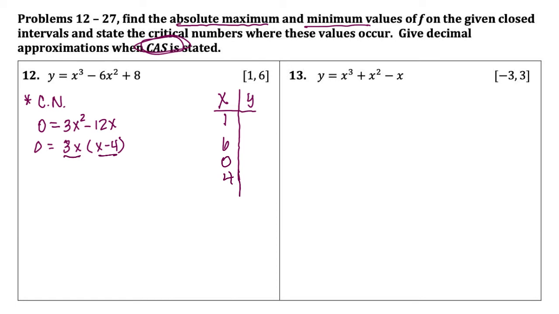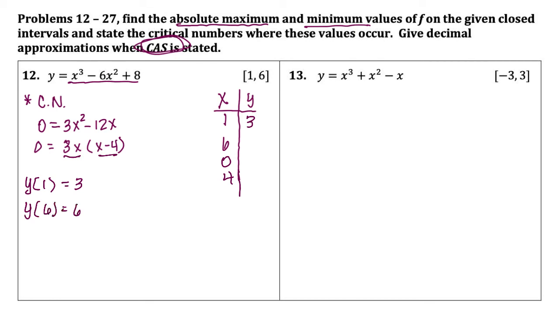So what we need to do now is go back and evaluate these in the original function. What is y at 1? So y at 1 is going to be 1 minus 6, negative 5, plus 8, which is 3. Now we need to find y at 6.